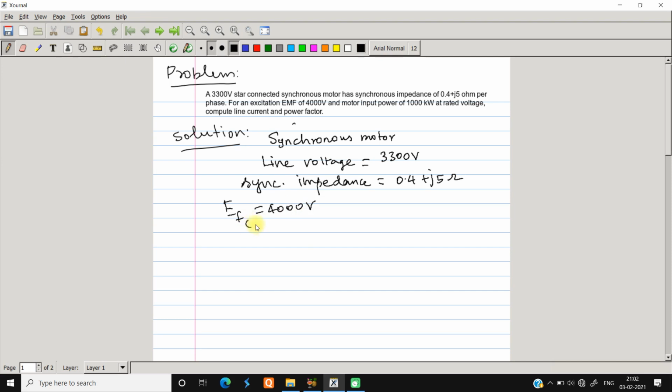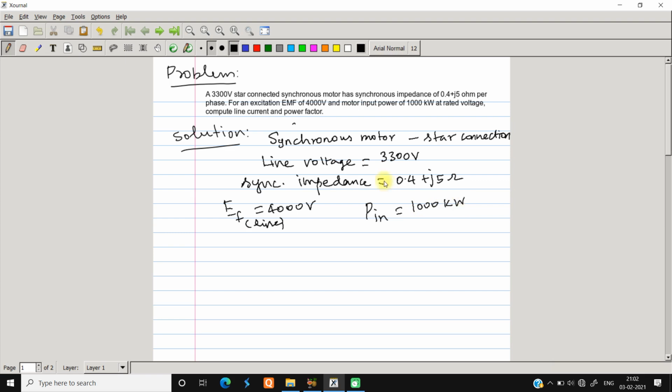This is also a line value because this is a star connected motor. And the motor input power is given as 1000 kilowatt.